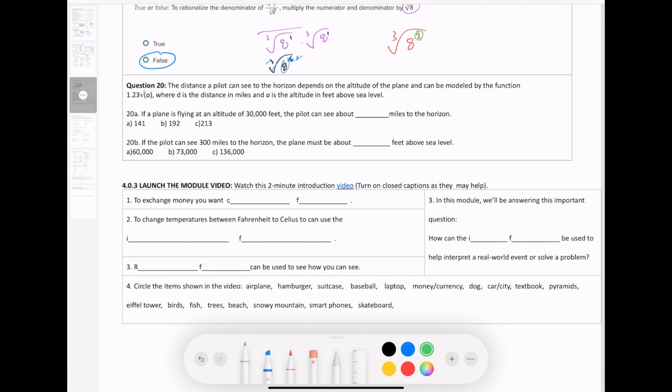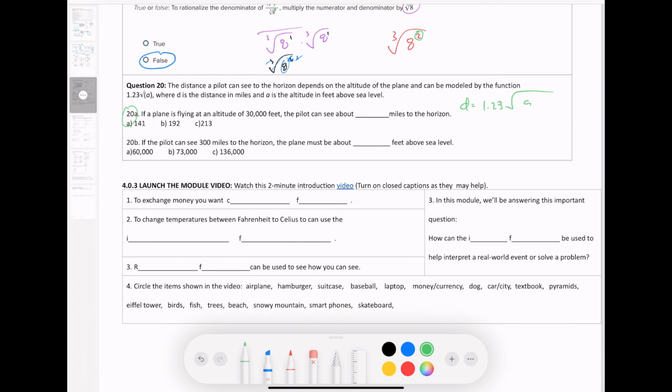The distance a pilot can see the horizon depends on the altitude of a plane and can be modeled by the function d equals 1.23 square root of a, where d is the distance in miles and a is the altitude.